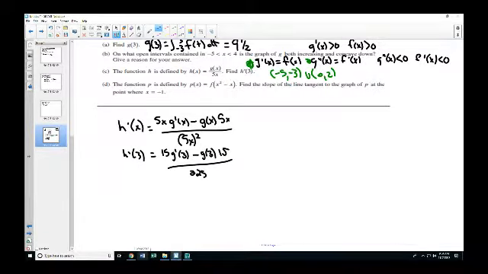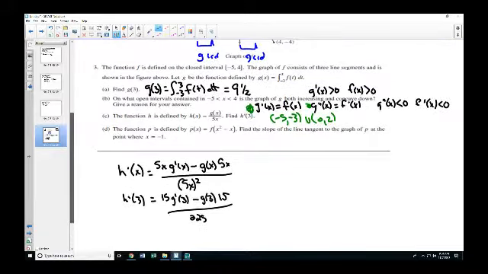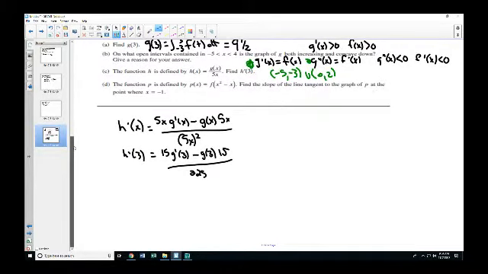So g prime at 3, we should already have the answer, right? 9 and 1/2. That was for G of 3, not G prime of 3. Yep, you're right. So we haven't found G prime 3 yet.